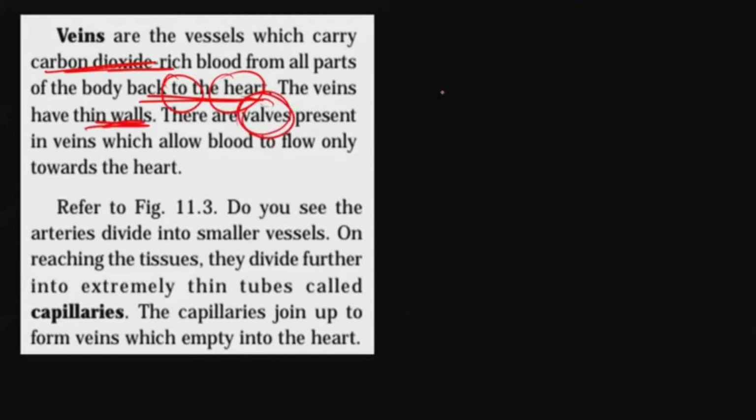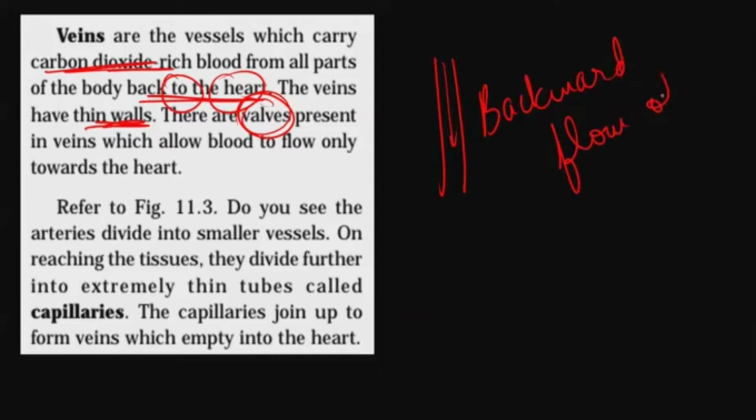Because they are thin, and blood is not flowing in high pressure, to make sure that the blood goes in the right direction towards the heart, with no backward flow, valves are present. This is a very important MCQ. Valves are present which make blood flow only towards the heart and not backward.